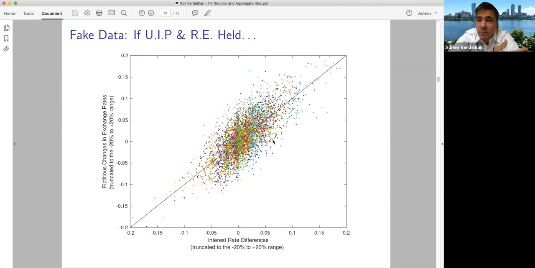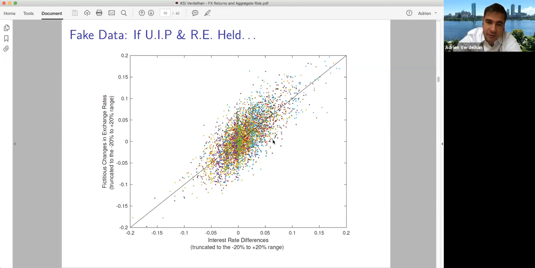This is what I'm showing you on this slide. This is the way the world should look if UIP was a correct description of the world, if Douglas was right. Here, every color is a country, every point is 1 month: a change in the exchange rate over 1 month, or an interest rate difference over 1 month. So that's fake data. A lot of macro models in the 80s and 90s, and more recently, are based on that, and this is not true.